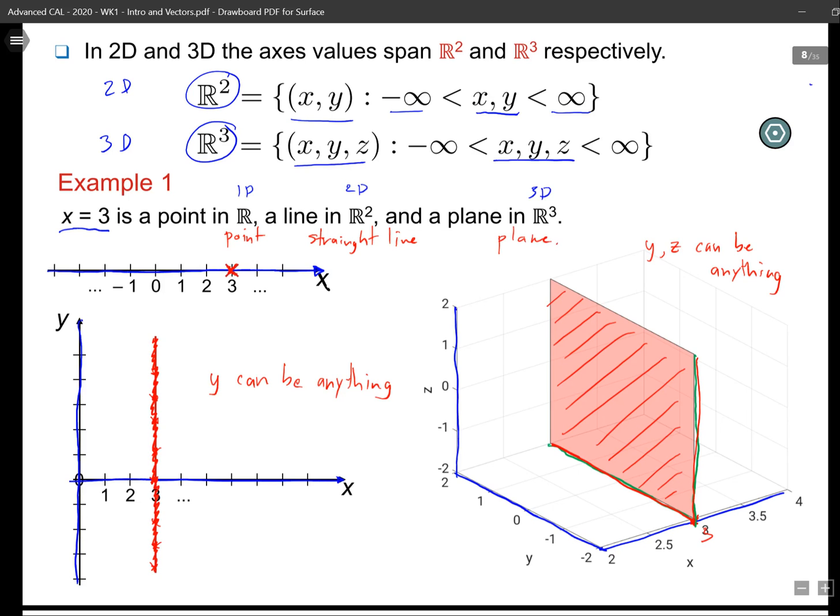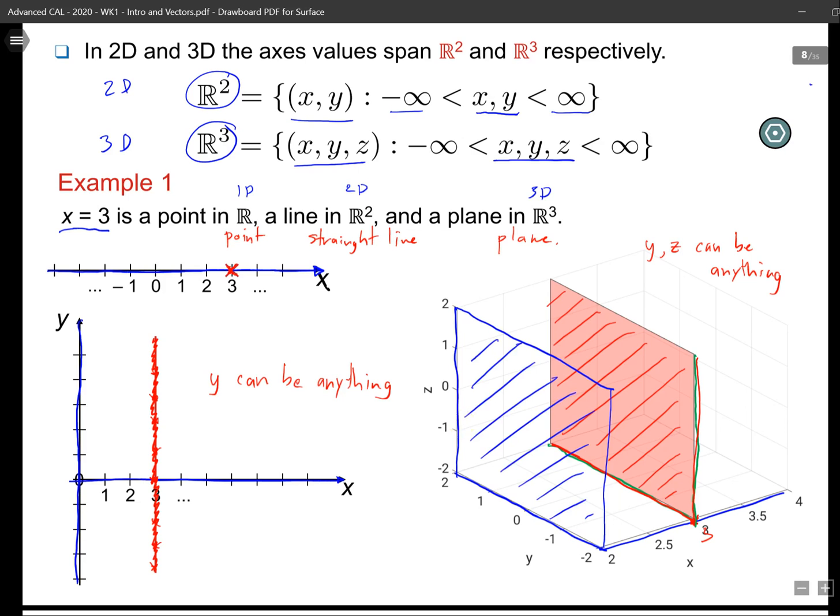in 3D. And if you compare this plane to the YZ plane, which can be constructed from the y and z axis like that, you can see that the plane that we had before at x equal to 3 is parallel to the YZ plane.